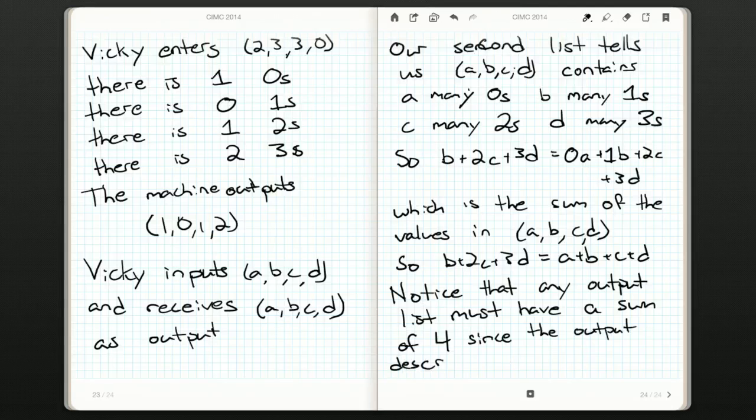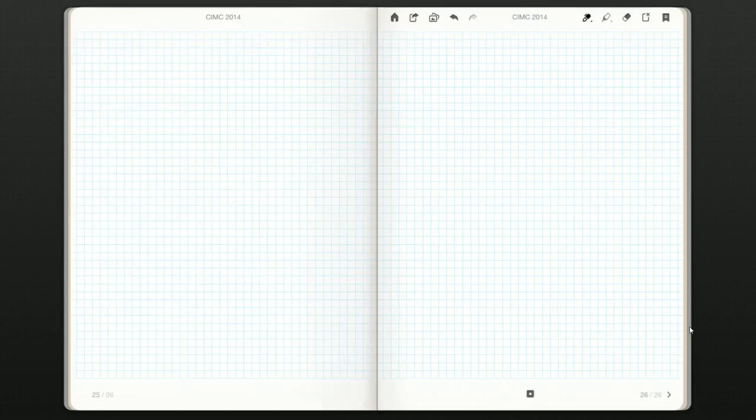So let's just explain that a little bit more. It describes the input list. How many numbers are there in the first list? There's 4.